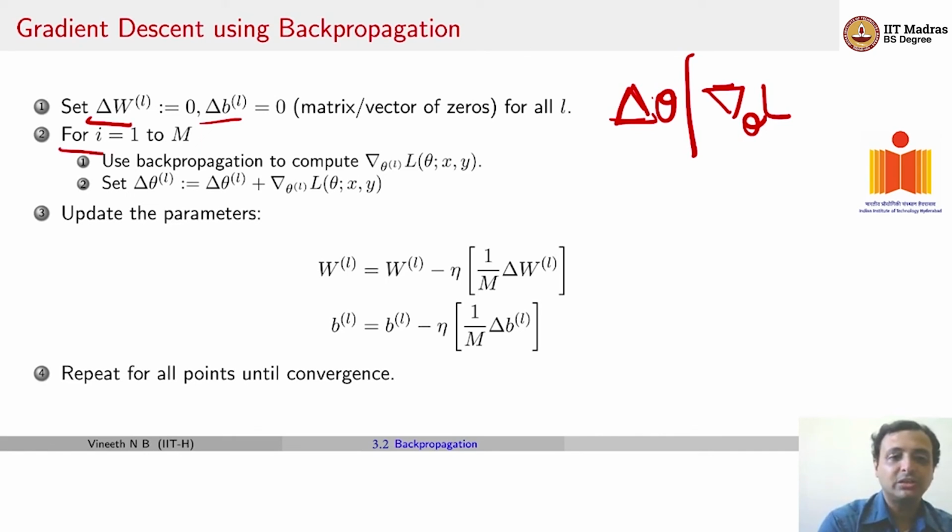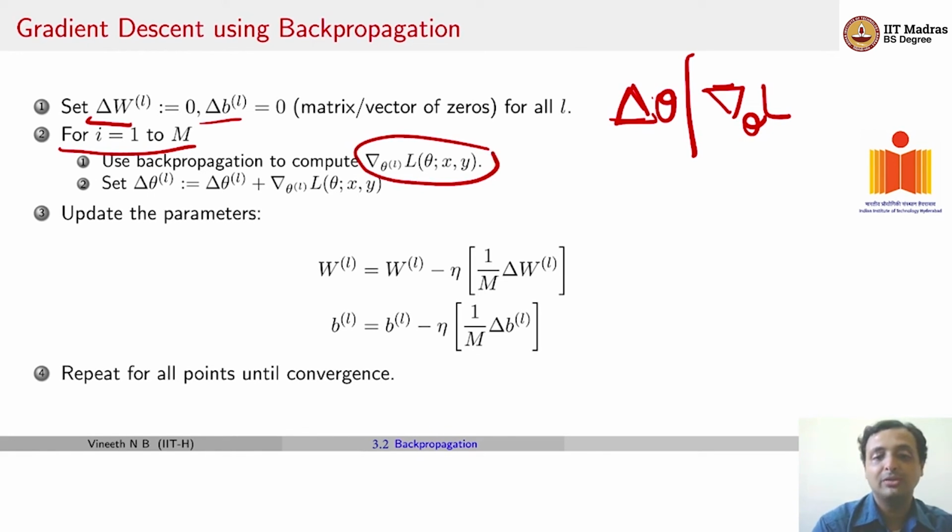Then for each data point in your training data set, you forward propagate that data point, you compute the error, compute the loss, compute the gradient, and use backpropagation to compute the gradient with respect to every weight in the neural network. That gives you grad L with respect to theta.